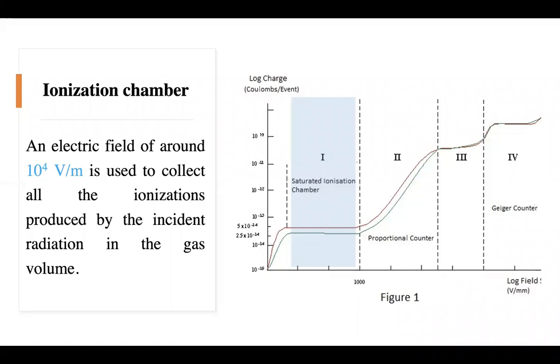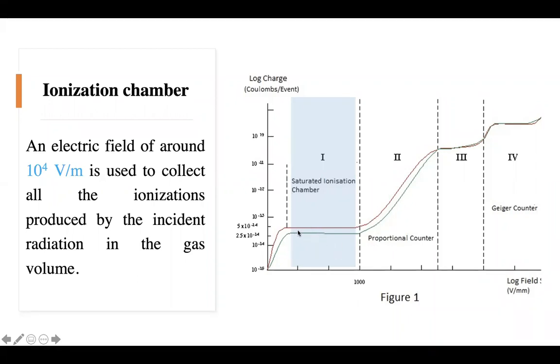That's why in the region before the ionization chamber, we don't operate the detector at this value of electrical field. So we start from here. This is the ionization chamber until a specific value. After that, we will enter a different region or a different radiation detector. We will talk about it later.